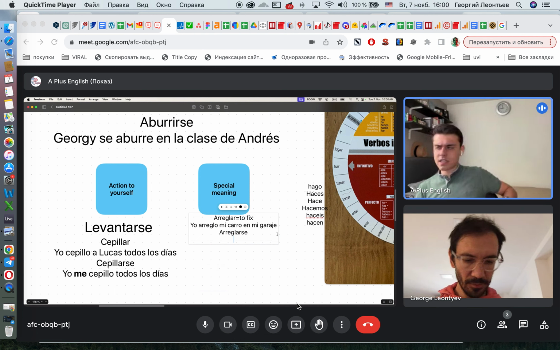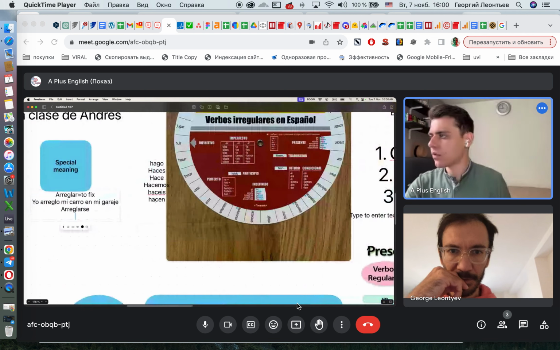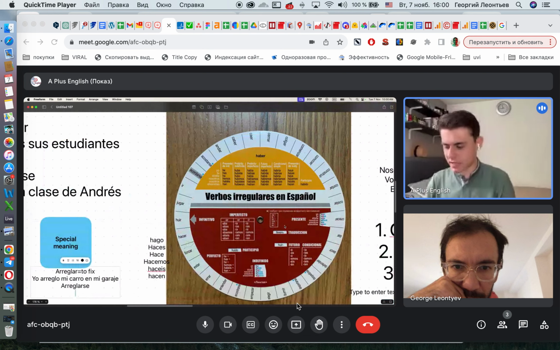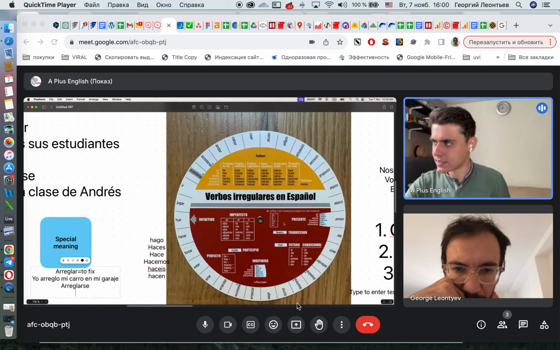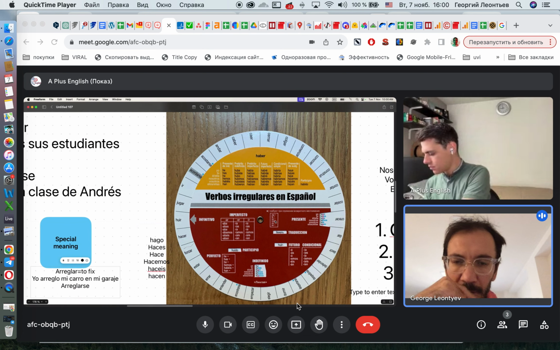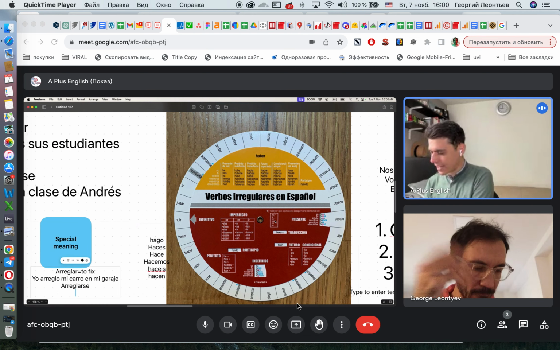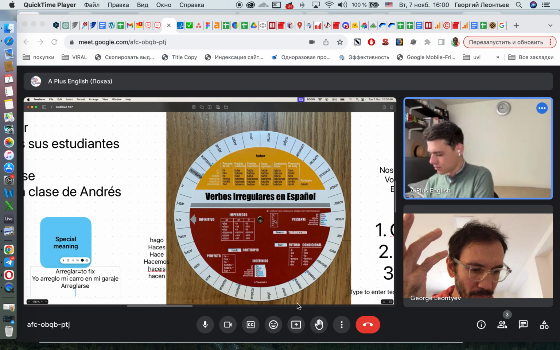Just in the table. What does the table say for the se? What is the se for ellos, ellas, ustedes? Right here. What does it say? Is it me? Is it te? What is it? This is for ellos. It's se.